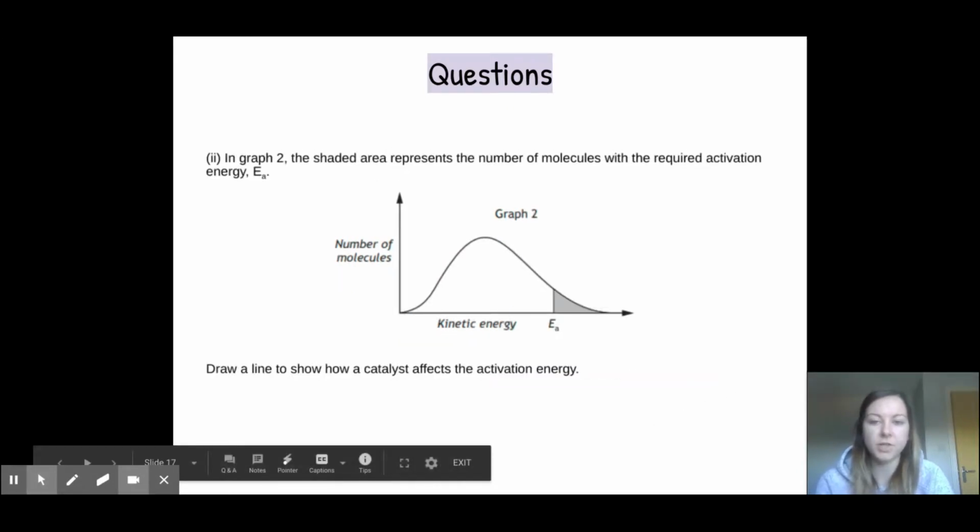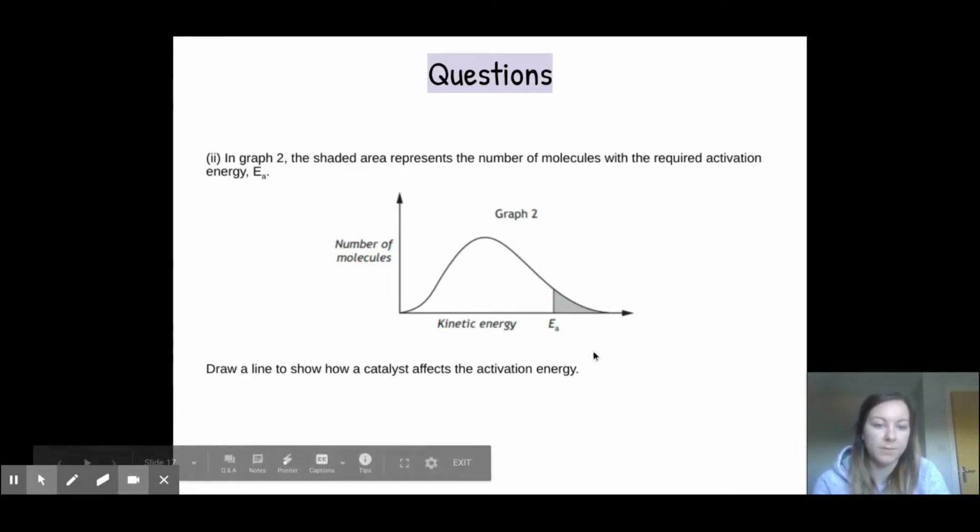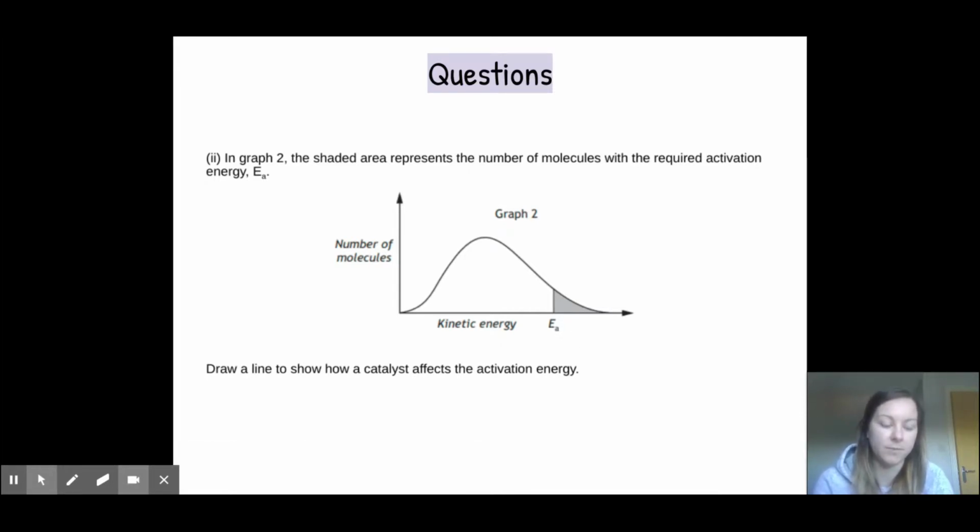Part 2 of this question says in graph 2, the shaded area represents the number of molecules with the required activation energy. So here we have our little activation energy here. Draw a line to show how a catalyst affects the activation energy. Now this can be a tricky question, and the reason is that we know a catalyst lowers the activation energy.